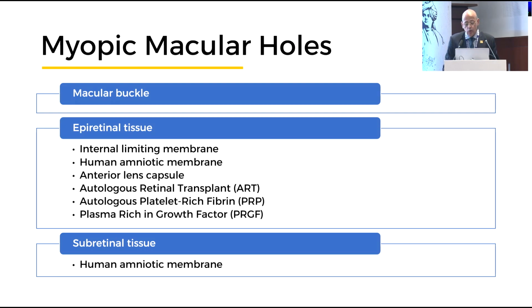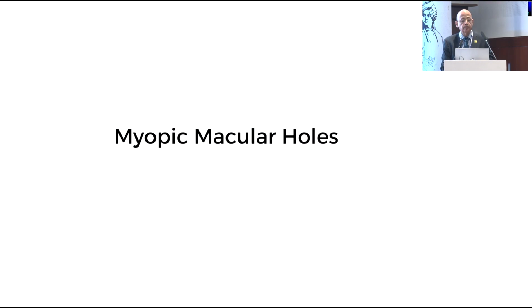We can do macular buckle or epiretinal tissues like internal limiting membrane, human amniotic membrane, anterior lens capsule if you are doing phaco-vitrectomy, autologous retinal transplant, autologous platelet-rich fibrin or plasma-rich growth factor, or subretinal like Dr. Rizzo's human amniotic membrane.